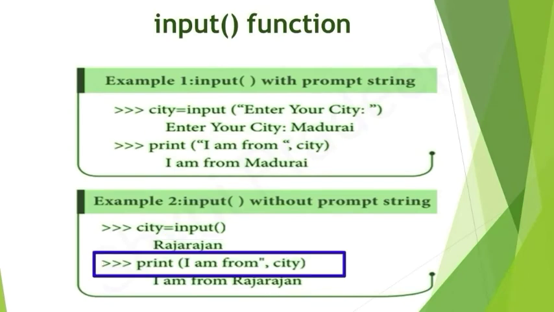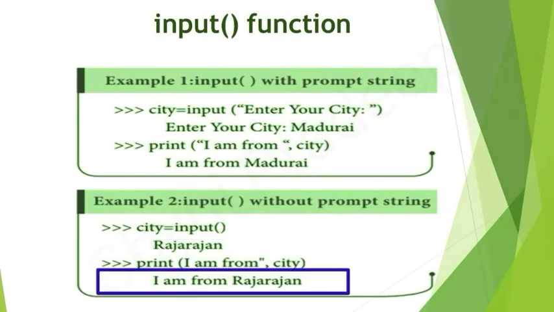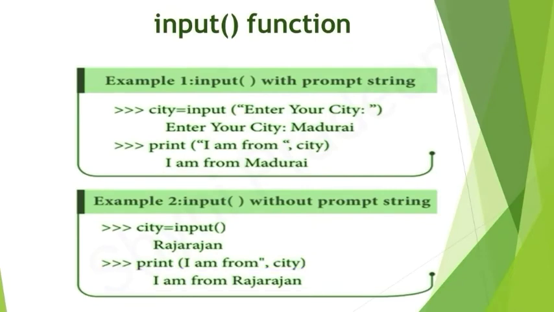Okay. Next, print statement. So for this code, you will get the output I am from city. What is the value that you gave for the city variable? Rajarajan. I am from Rajarajan. See here, the city is a place name, but Rajarajan is a person name.